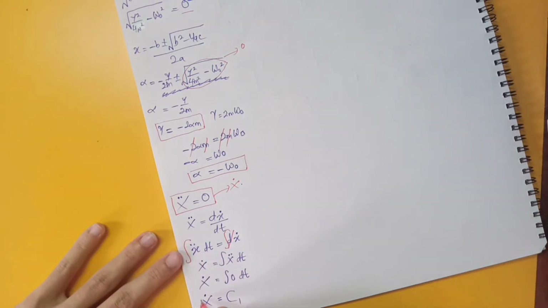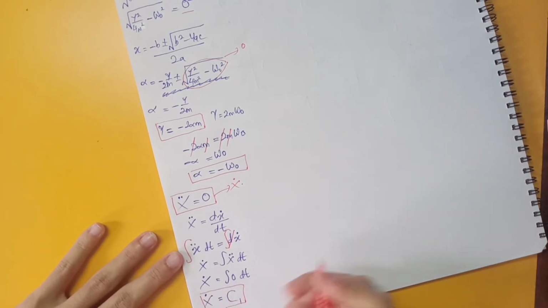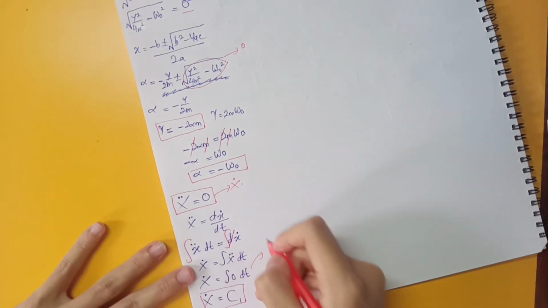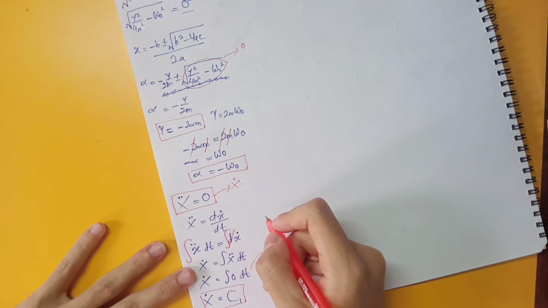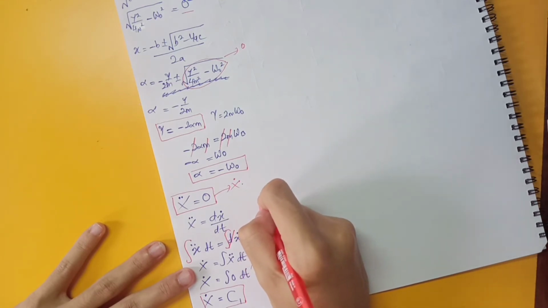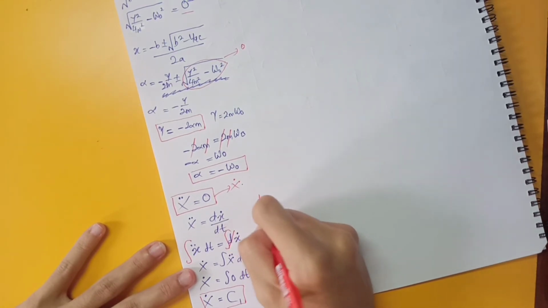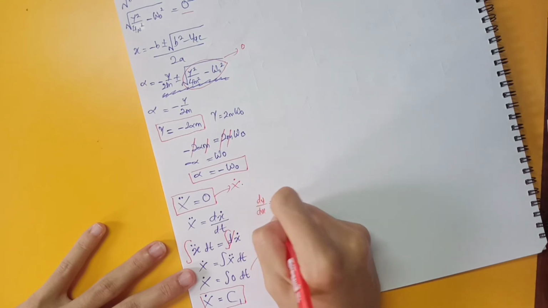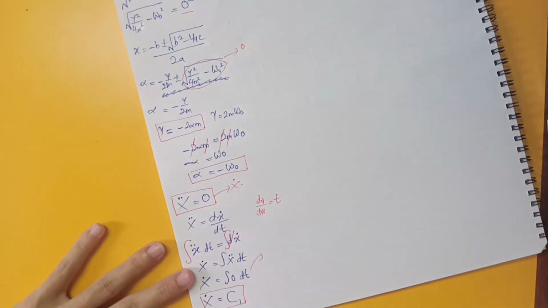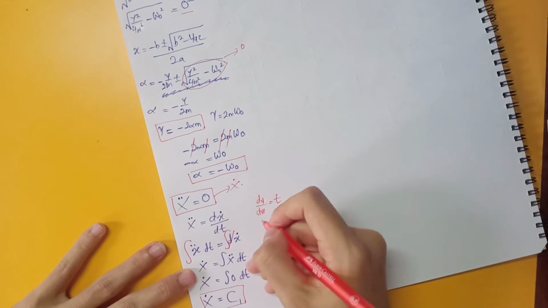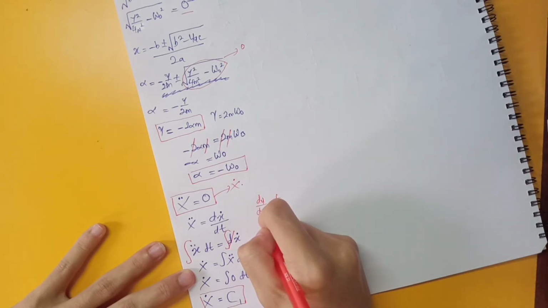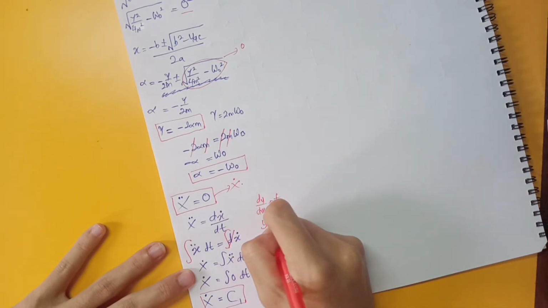So how did I get C1? I'll show the integration. We know the rule of integration. Let's say that dy over dx is equal to t. Now I want to find what y is.